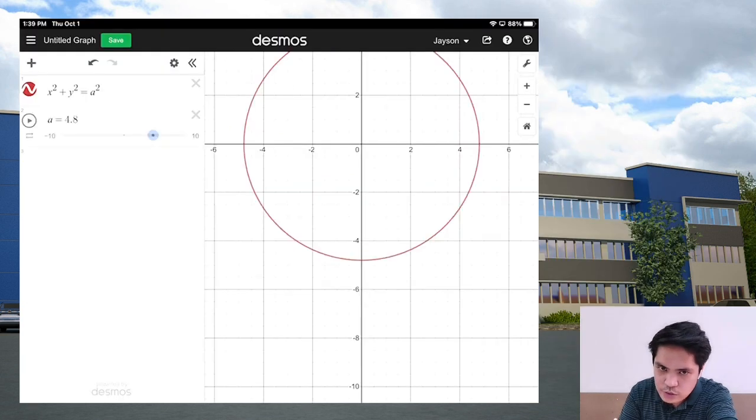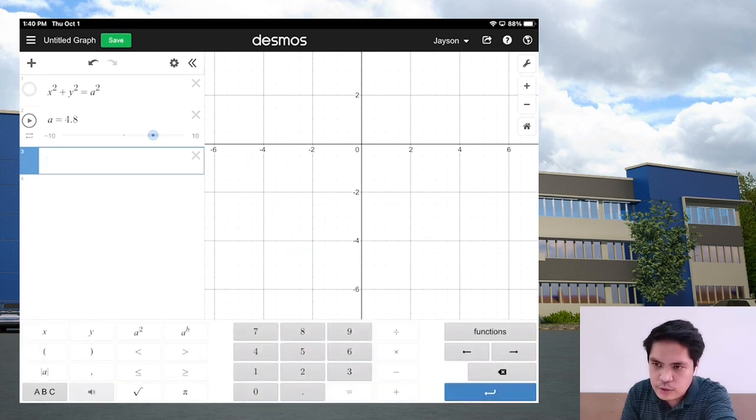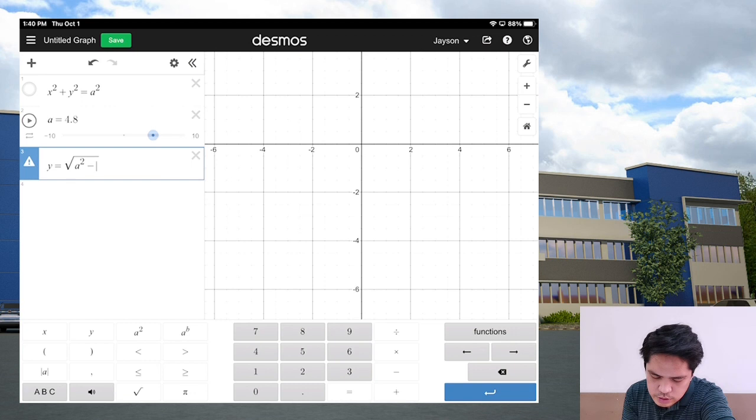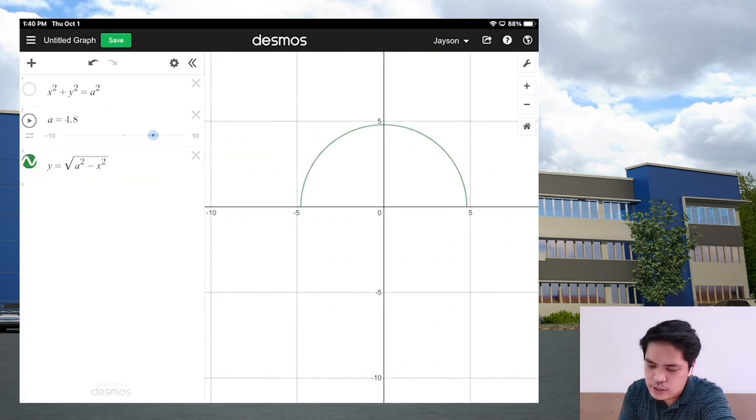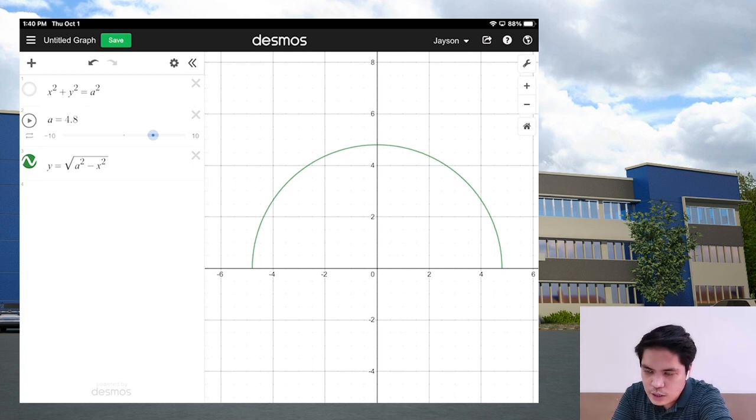If we check using our graphing tool, let me make this one invisible first. If we have y equal to the square root of a squared minus x squared, then we'll have this graph. So it's a function of x. If we draw a vertical line for the vertical line test, it will only pass at one and only one point.